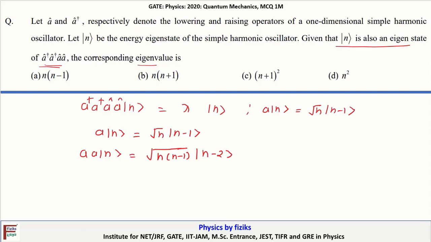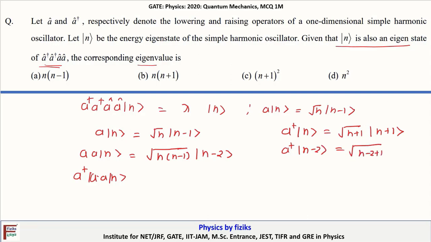Now we operate a dagger on it. A dagger when operated on |n> would give us root n plus 1 into state |n plus 1>. So when we operated a dagger on |n minus 2>, we get root of n minus 2 plus 1 into state |n minus 2 plus 1>. That means we would be having root n minus 1 into state |n minus 1>.